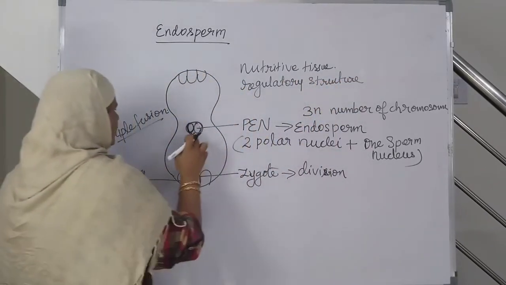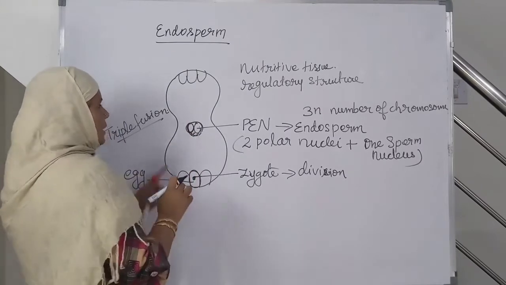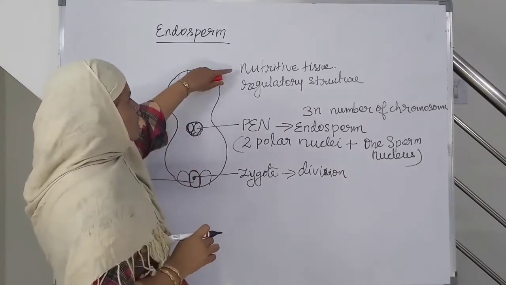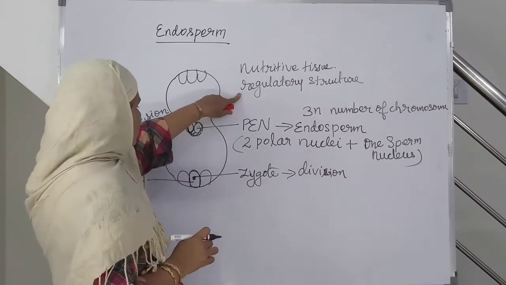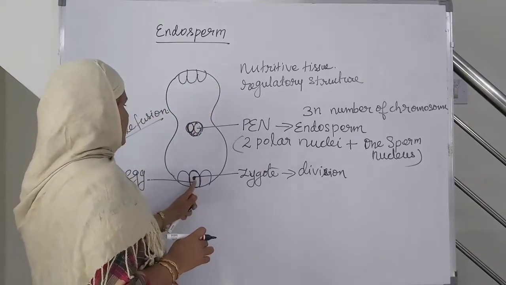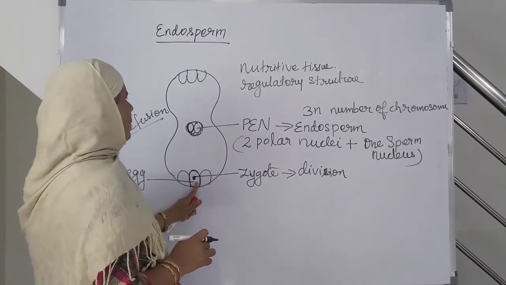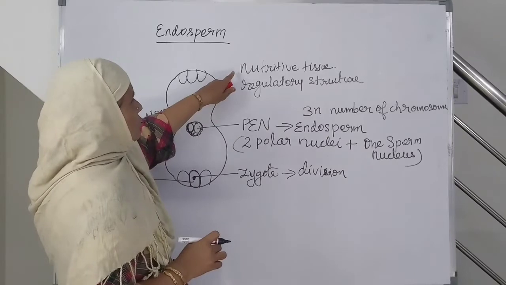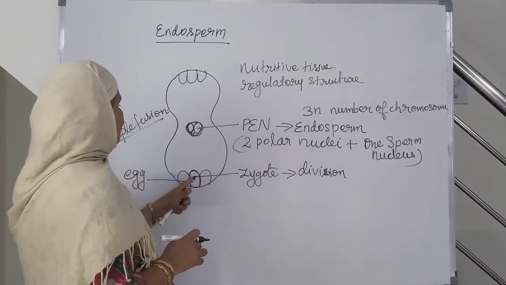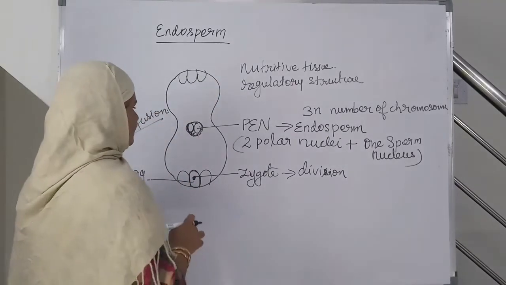This developing endosperm is a nutritive tissue and regulatory structure for the zygote. For the zygote to develop into embryo, this will act as a nutritive tissue. It gives the nourishment to the developing embryo.